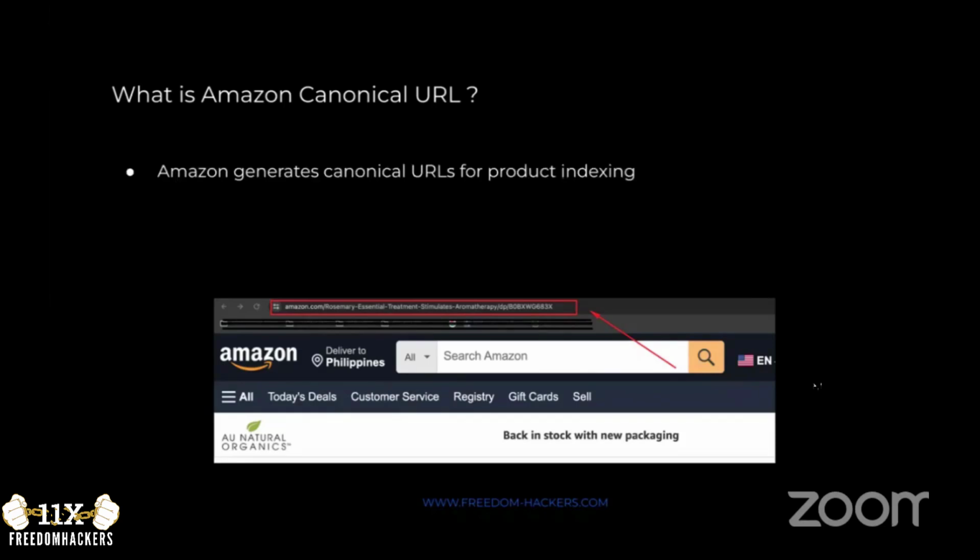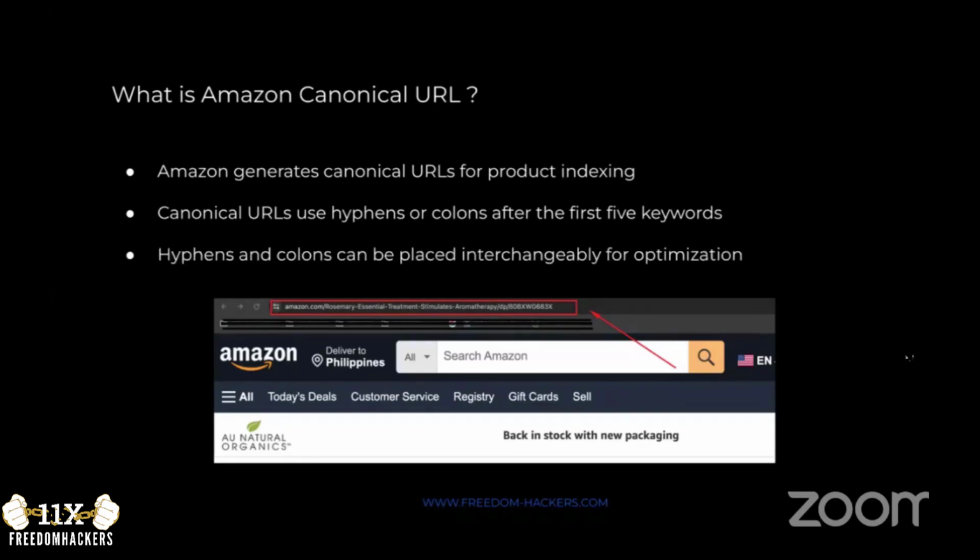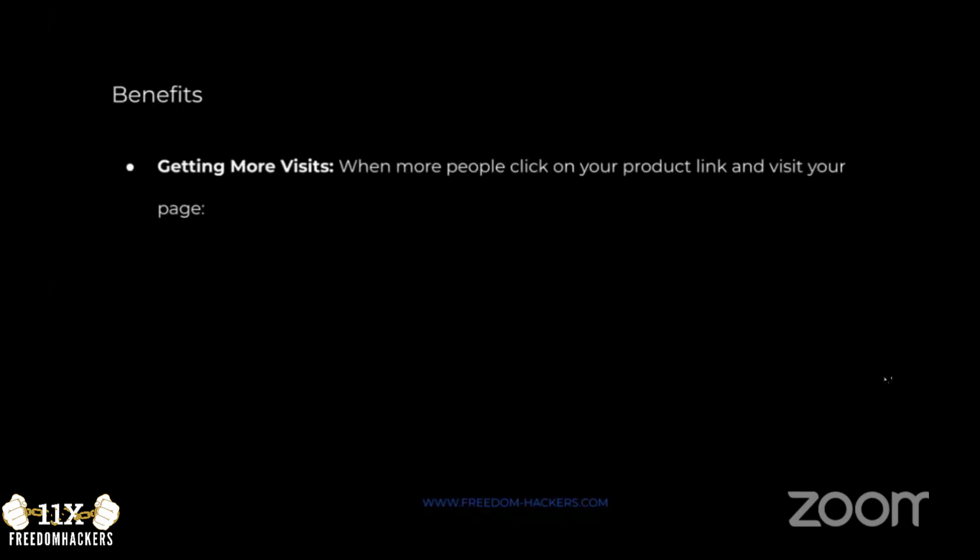Amazon just generates this URL for product indexing, and it uses hyphens and colons after the first 5 keywords, and hyphens and colons can be placed interchangeably for optimization.